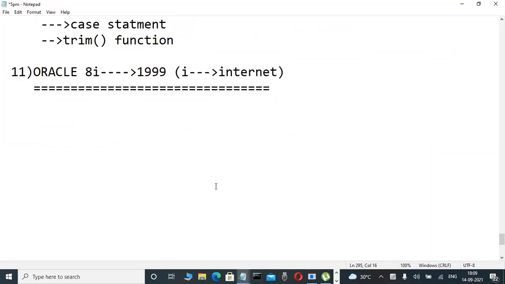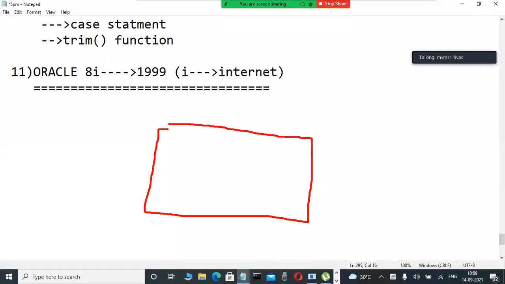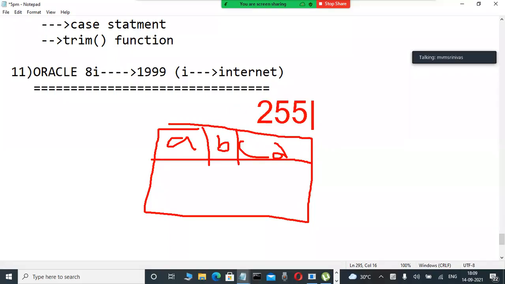Now another concept. Concentrate here. Suppose a table is available with many columns. In the olden days, the maximum number of columns per table was only 255. But from Oracle 8i onwards, the maximum columns per table is 1,000.